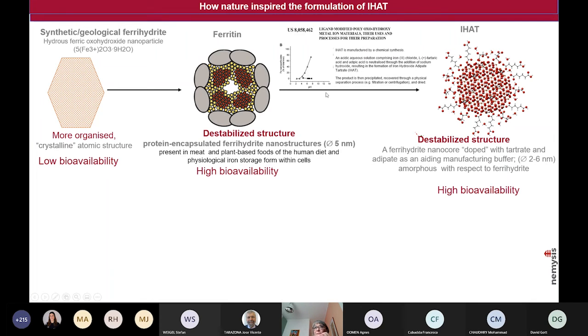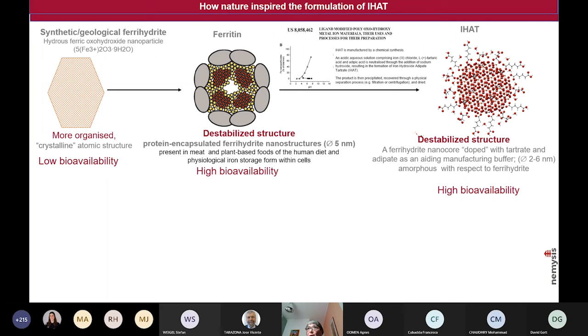This is the patent, the initial patent covering the formation of IHAT. So IHAT is produced by chemical synthesis, and it is the result of an acidic solution in which iron chloride, tartaric acid, and adipic acid, used as a manufacturing aiding buffer, are neutralized through the addition of sodium hydroxide.